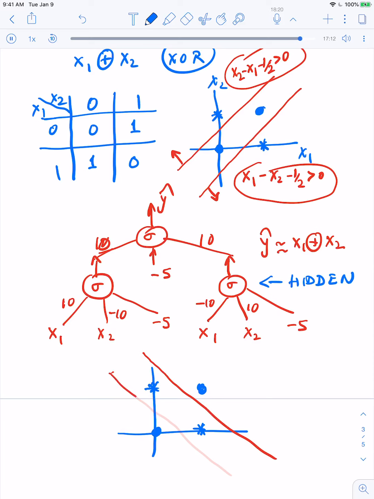This and this. This also separates the 0 and 1 points, but these lines look quite different from the earlier ones. So immediately, even in this simple scenario, you see that there are different ways of realizing the same end-to-end function, and depending on where you start, if you're training a neural network, you can end up in very different places potentially.